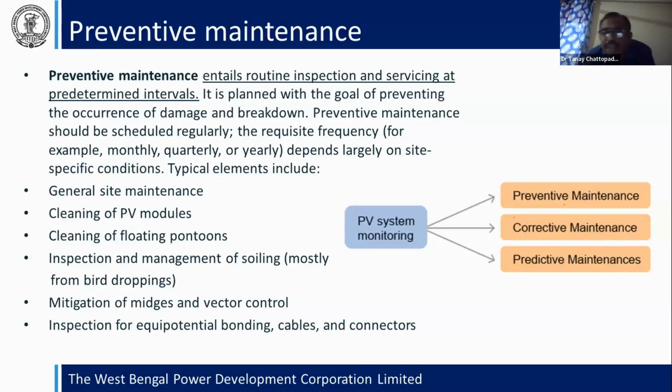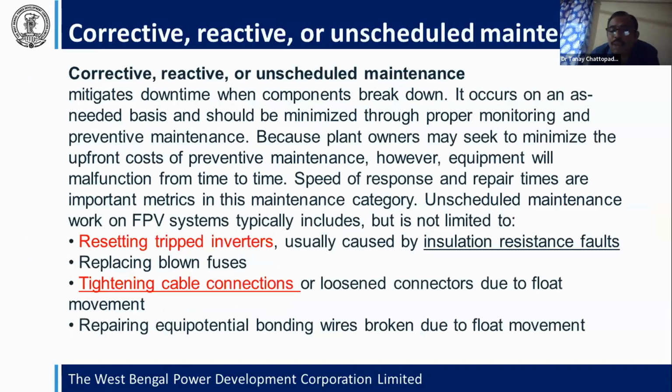This is the preventive maintenance. And if a breakdown happens, then you have to do corrective maintenance, so that it can be normalized as soon as possible and there is no hampering of generation.